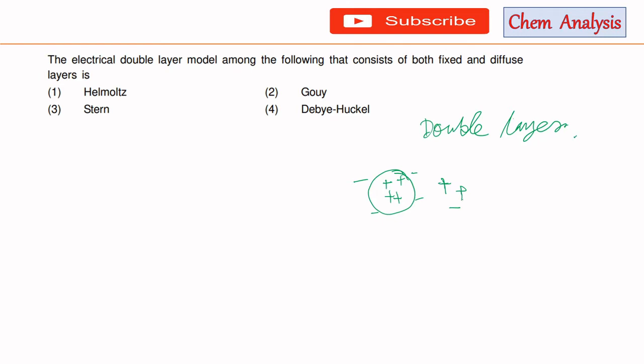There will be distribution of both cationic and anionic charge, and the layer that is attached to the colloidal particle is known as fixed layer.